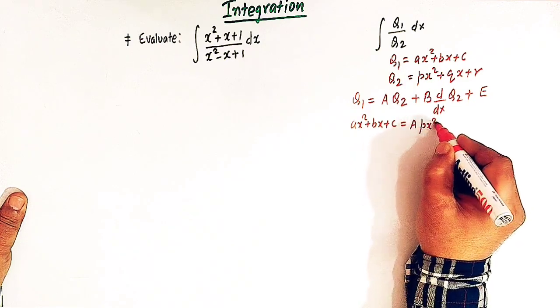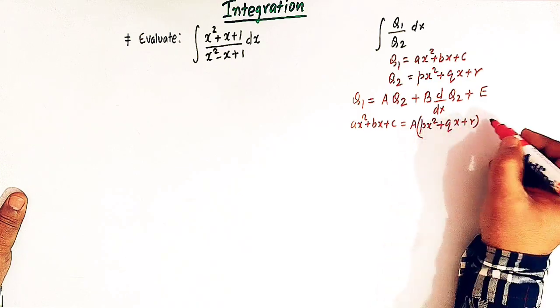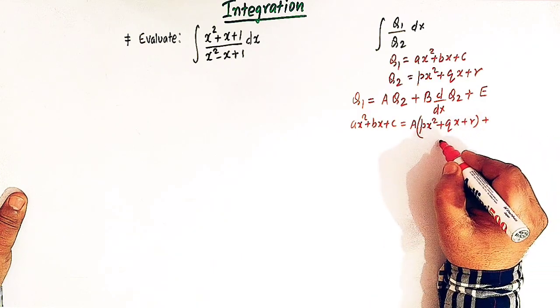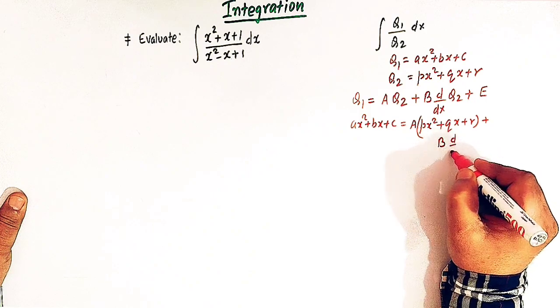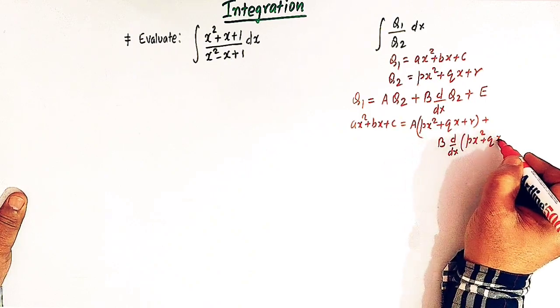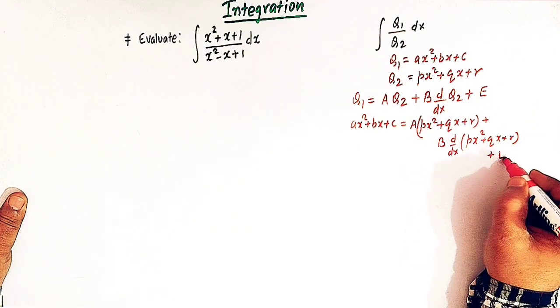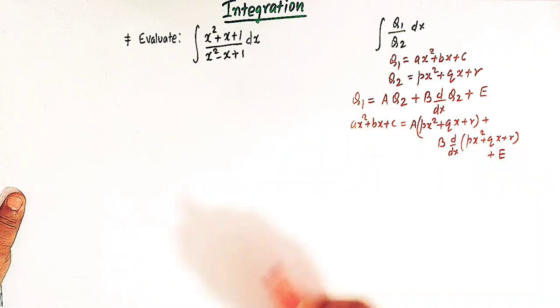Q2 is px square plus qx plus r. Then we have b times the derivative of px square plus qx plus r, and then we have another constant e, right?